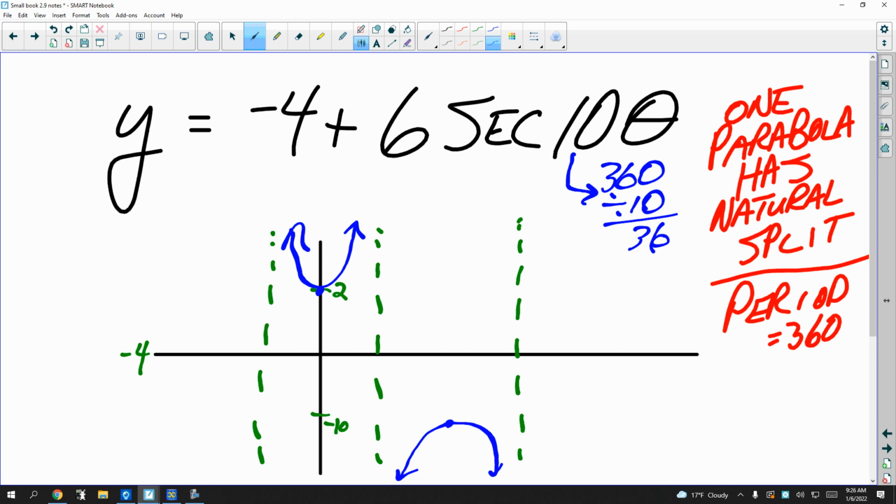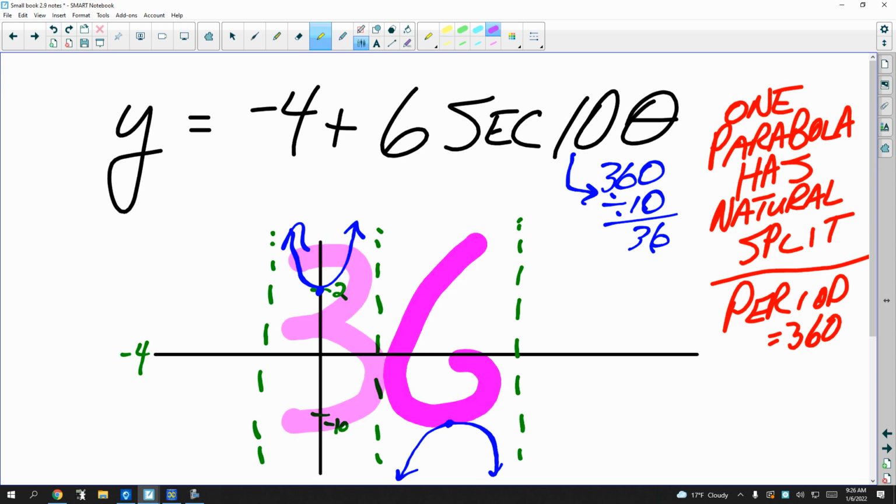Okay, so here's what that means. This whole thing has to be 36. I should have used pink. That yellow didn't show up, did it? This whole thing has to be 36.